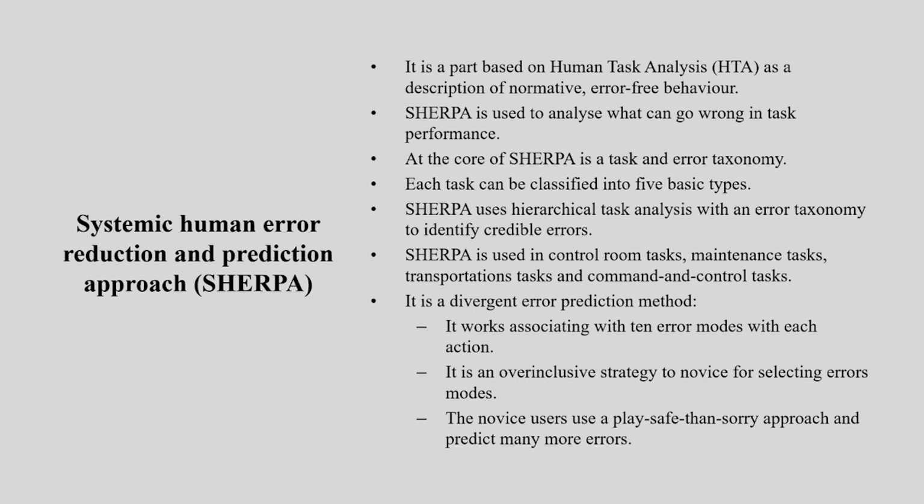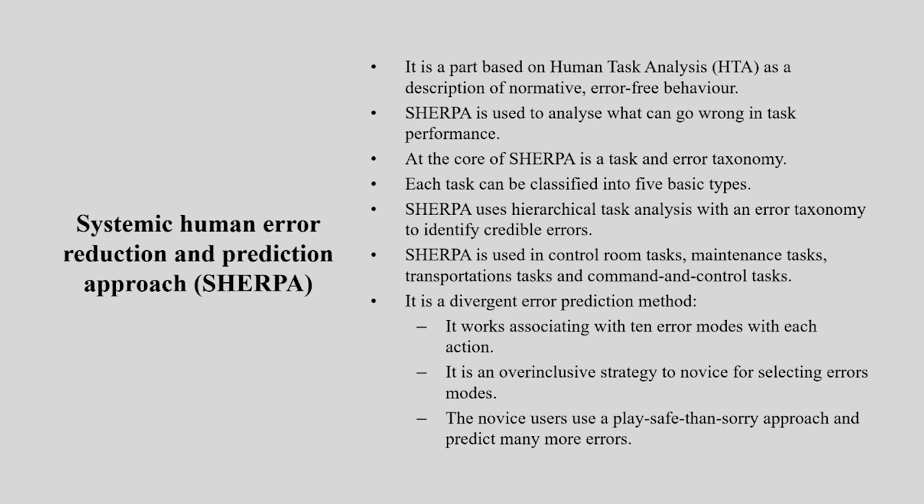SHERPA is used in control room tasks, maintenance tasks, transportation tasks, and command and control tasks. So in these cases definitely we can use SHERPA. It's a very clear identification of where we can use SHERPA as a tool to identify your error. So if you have such a situation, definitely you can pick this particular tool to analyze your situation or analyze your error.